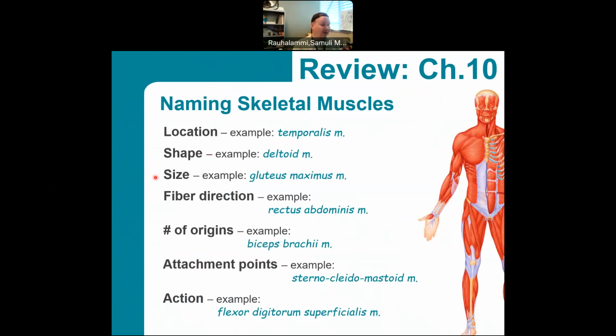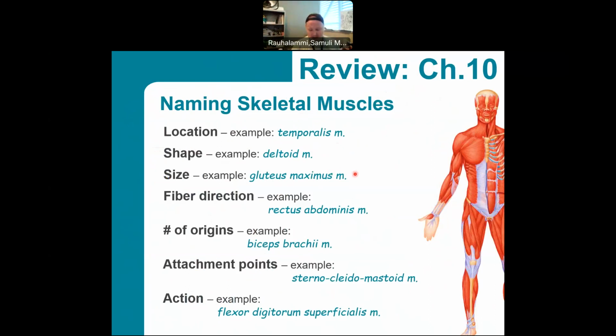Another thing that we often see in the names of skeletal muscles is that the name can also tell us the size of that muscle, especially when we have many muscles that are very alike. Often we have different versions in terms of what is the largest, what is the smallest, what is an intermediate one.